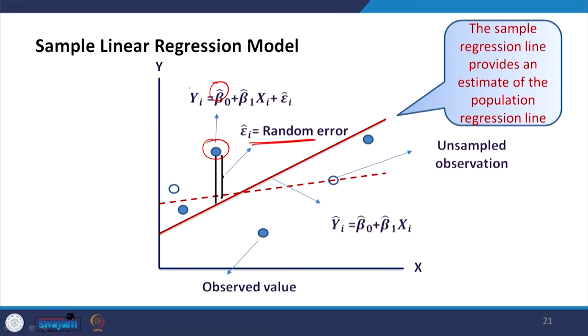Look carefully at what is written here: the simple regression line provides an estimate of the population regression line. We cannot simply say this is the final estimation; we need to validate it for different reasons. Similarly, there are unsampled observations also, which has to be emphasized.